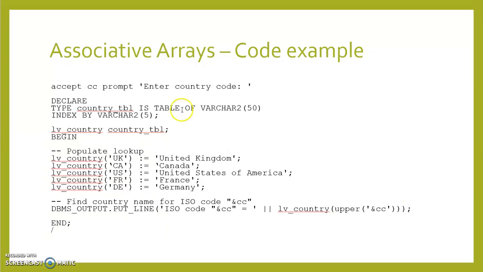In this example, the user is inputting a country code, and if that is found, then the name of the country is what will get output by this put_line.